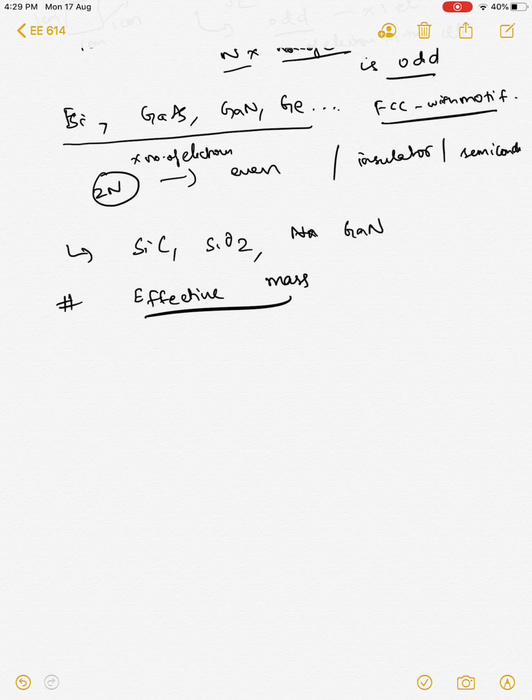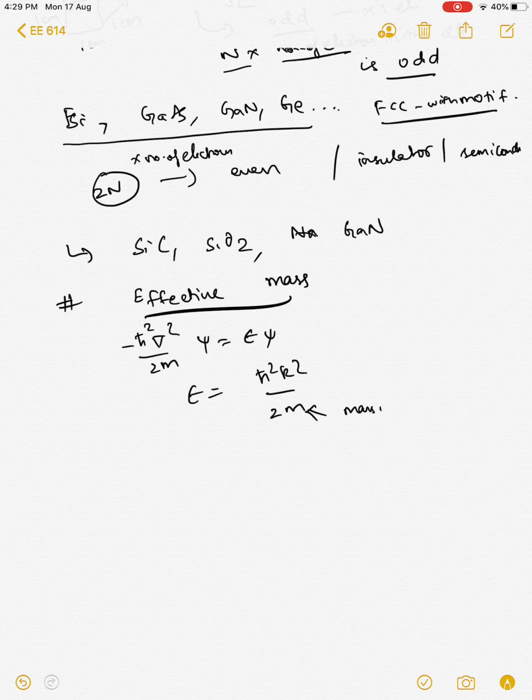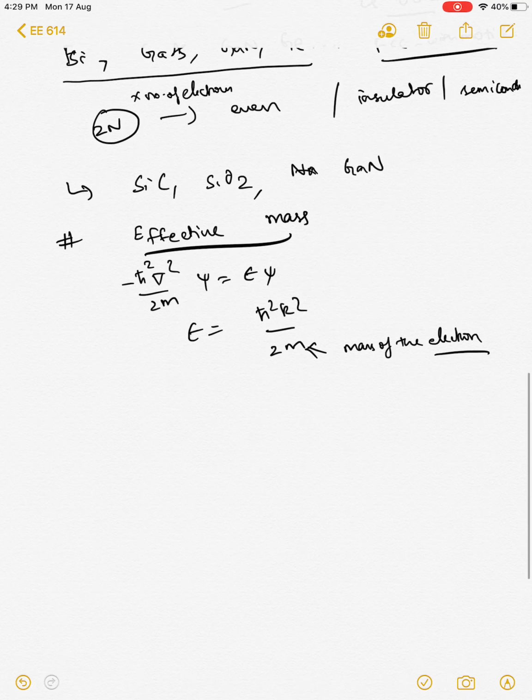So a free electron has a Schrodinger equation as h bar square del square by 2m, psi is E psi, and E is equal to h bar square k square by 2m, where m is the mass of the electron, which is free, right? But now we have actually kind of gotten away from the free electron scenario, and then we are talking about electrons which are in a periodic lattice.